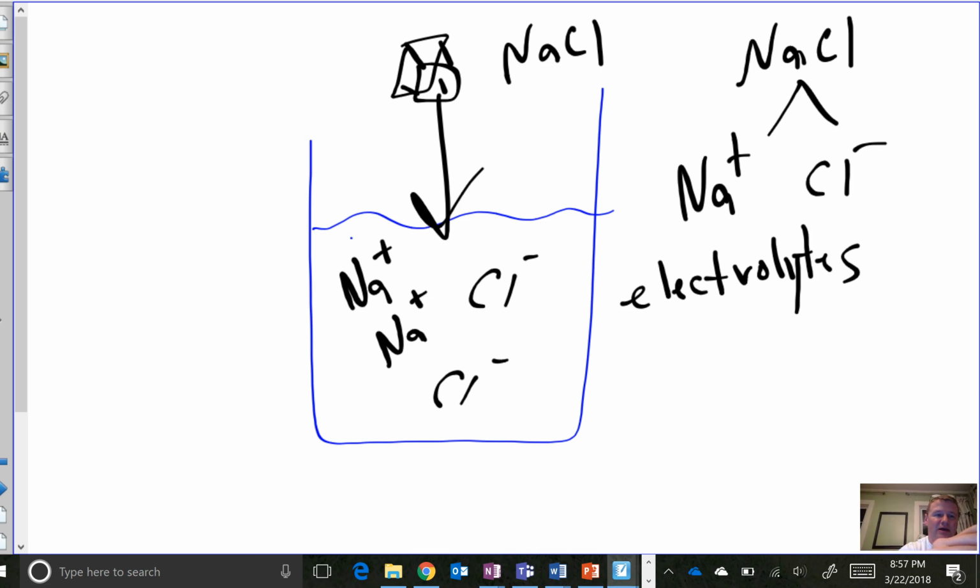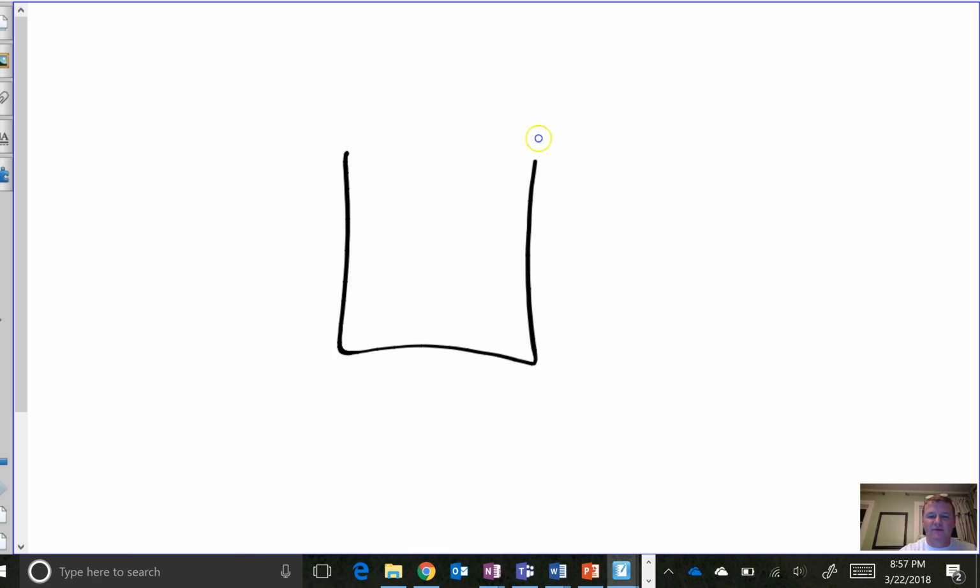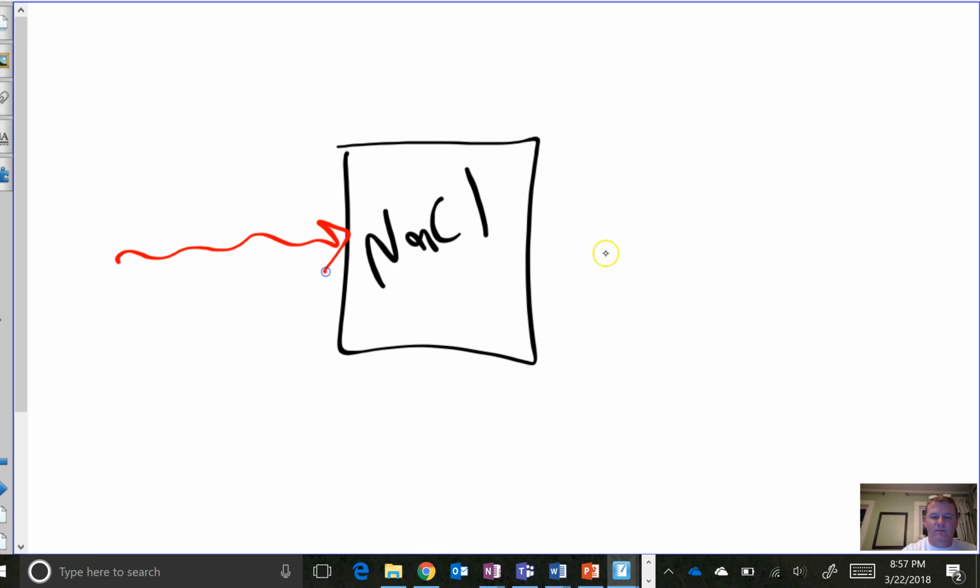Now, what if we just had a big chunk of salt and tried to pass an electric current through there, as a solid, not dissolved in water? As a solid, ionic compounds do not conduct electricity. They only conduct electricity if they are dissolved in water.